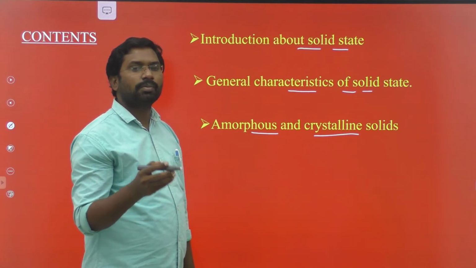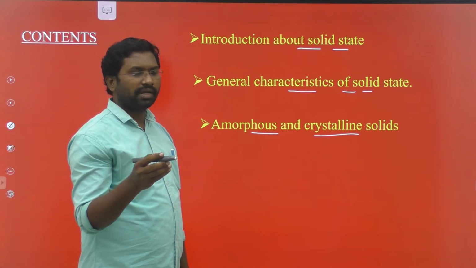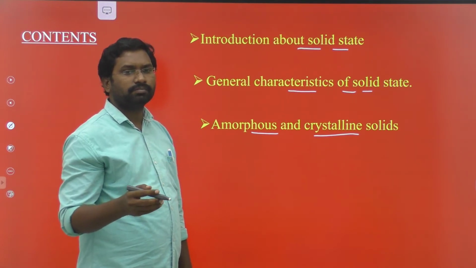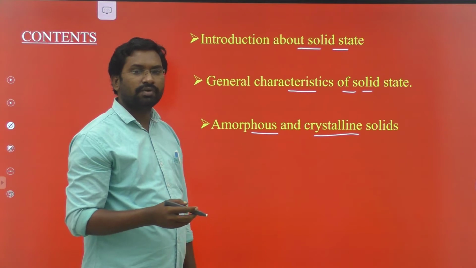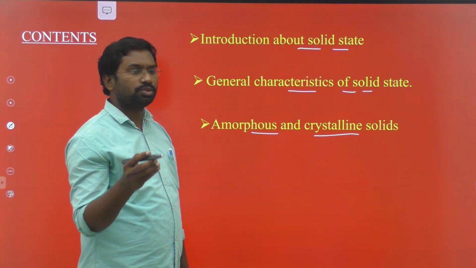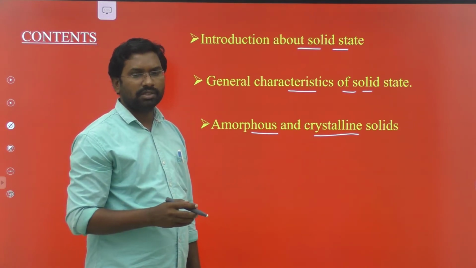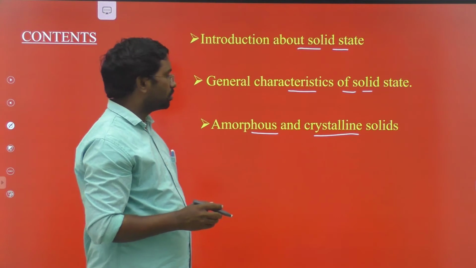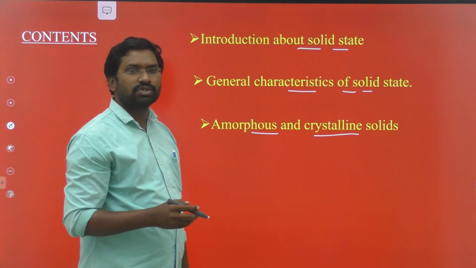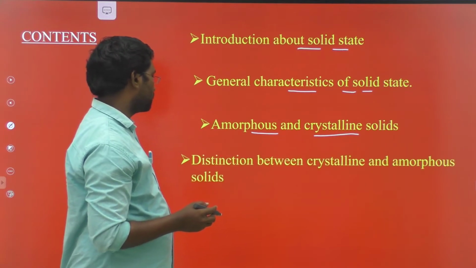In a crystalline solid, the particles, that means ions, atoms or molecules, are arranged in a regular pattern. Amorphous means no form in the Greek language. Solids in amorphous form do not have any definite structure. This is about the classification of solids into crystalline and amorphous solids.